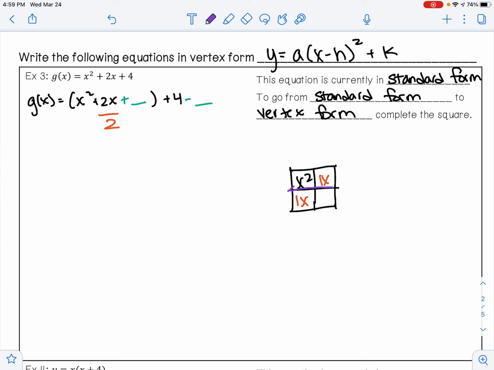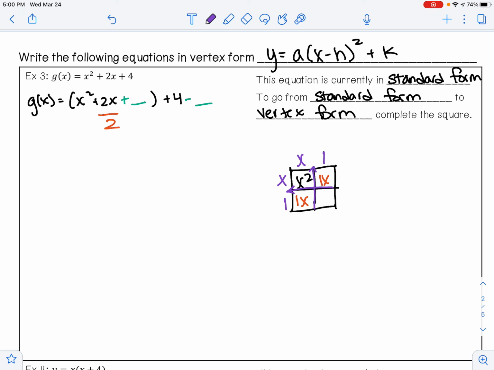The greatest common factor of my top row is x. The greatest common factor of my left column is x. X times 1 would give me a 1x in this top box, and x times 1 would give me a 1x in this bottom box.